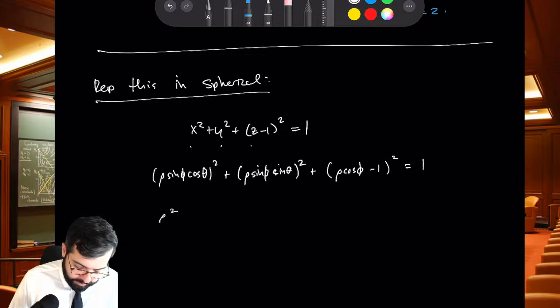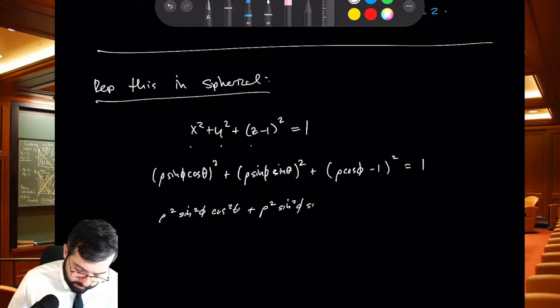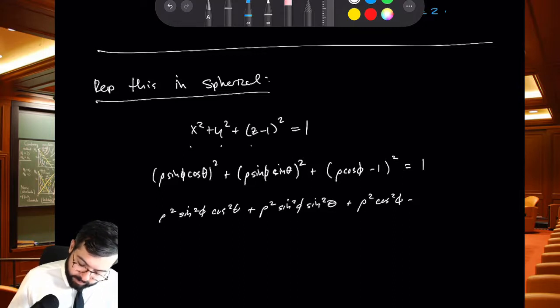And so what's nice, all these things get squared, which means we're going to get to apply the Pythagorean identity. What do we get? Rho squared cos squared phi minus 2 rho cos phi plus 1 equals 1.